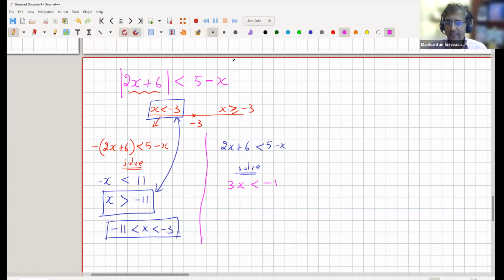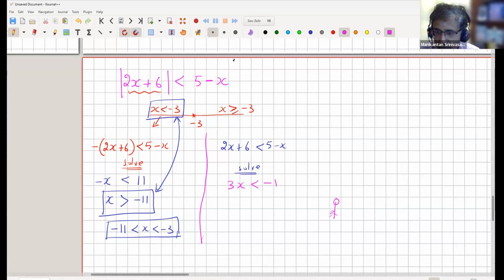That's what I started off by saying. If x is less than minus 3, then 2x plus 6 is negative. If 2x plus 6 is negative, the absolute value of that negative number is the negative of that negative number. Are you with me? It doesn't seem like a confident yeah. Okay.